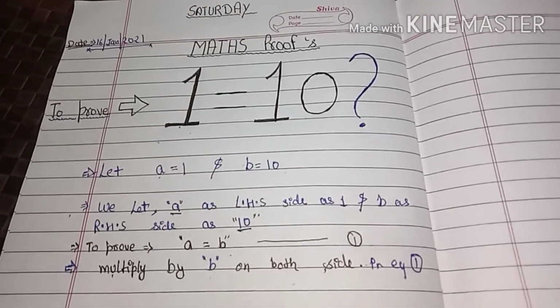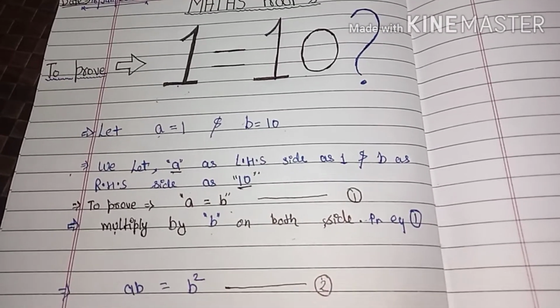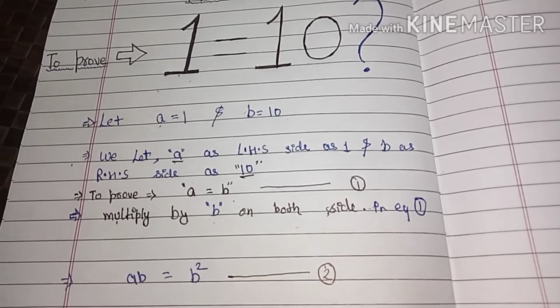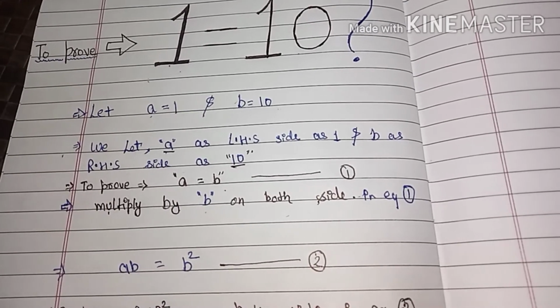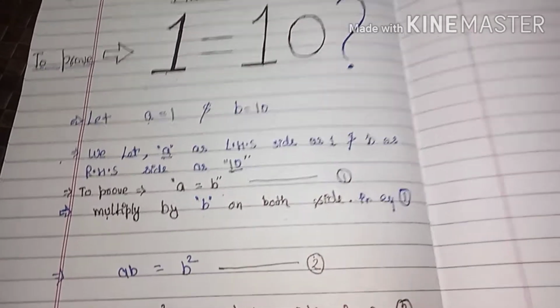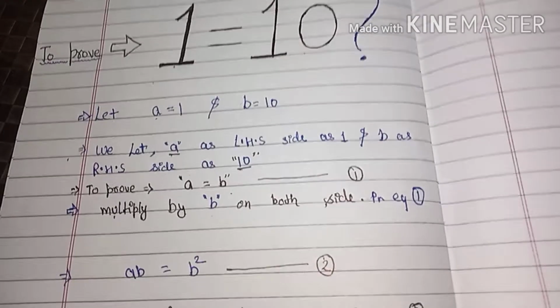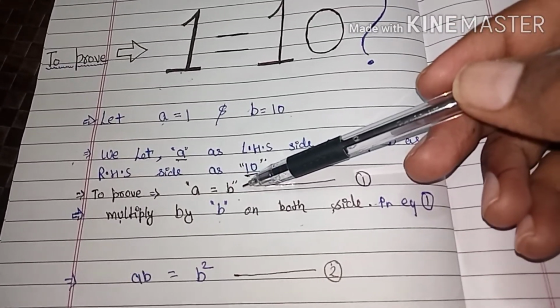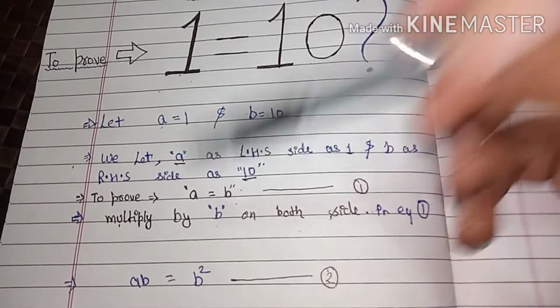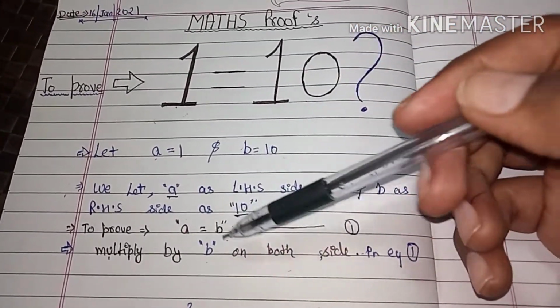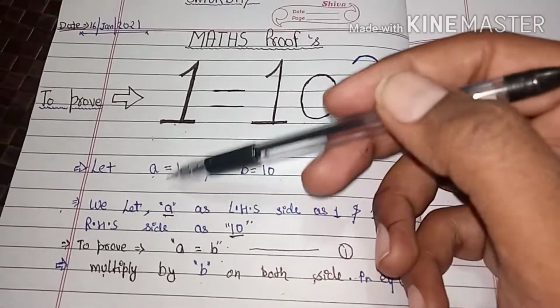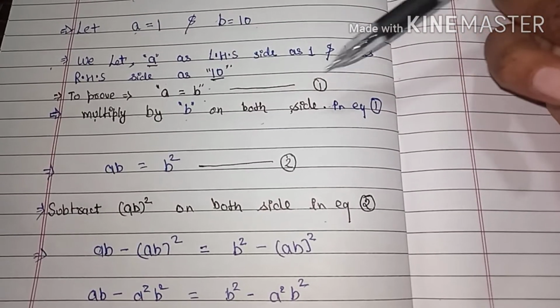This is the procedure to prove 1 is equal to 10. Let A is equal to 1 and B is equal to 10. We let A as LHS side as 1 and B as RHS side as 10. So to prove, we can write A is equal to B. Multiply by B on both sides in equation 1.